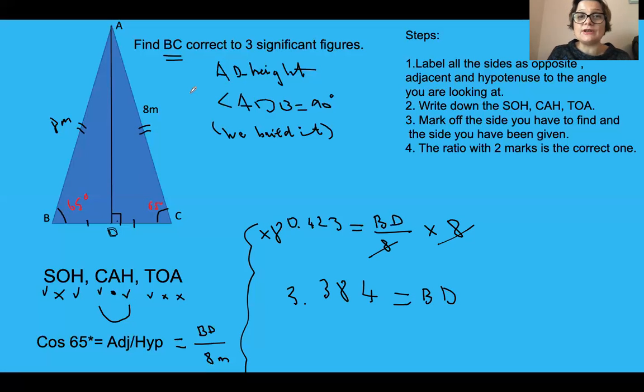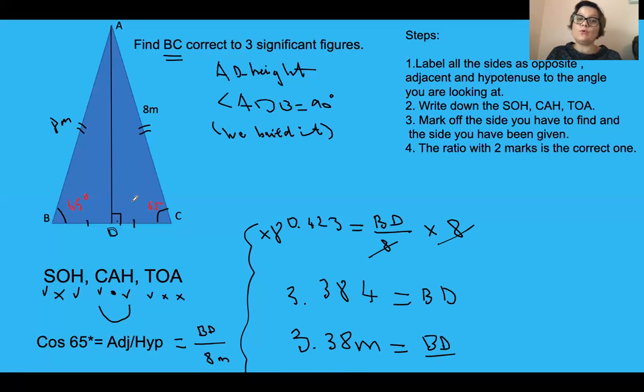Now, it says correct to 3 significant figures. So this is the first, the second, and the third. The fourth is smaller than 5, so the answer is 3.38. And that is in meters because we are working in meters. So BD equals 3.38 meters. All right, so we found side BD.